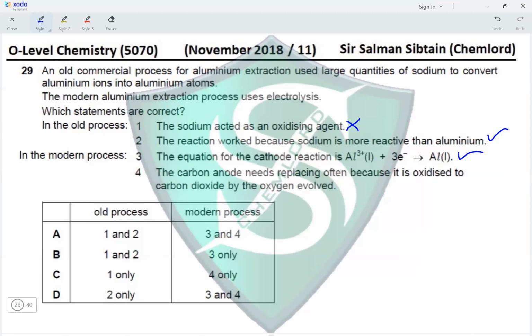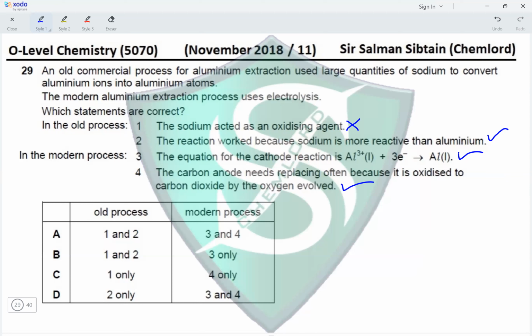And the carbon anode needs replacing often because it is oxidized to carbon dioxide by the oxygen evolved. Yes, oxygen is produced at the anode and the anode is made of carbon. So at the high temperatures used, carbon anodes burn away in oxygen as carbon dioxide and need to be replaced constantly. Okay, so which statements are correct?